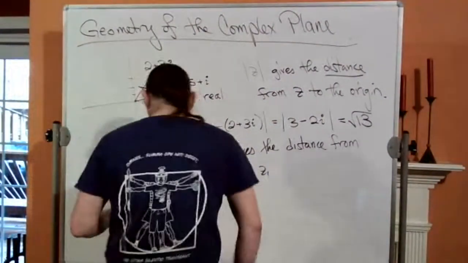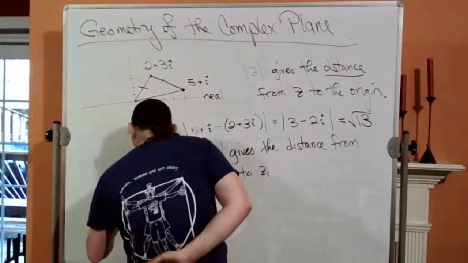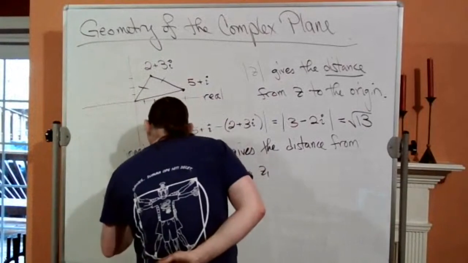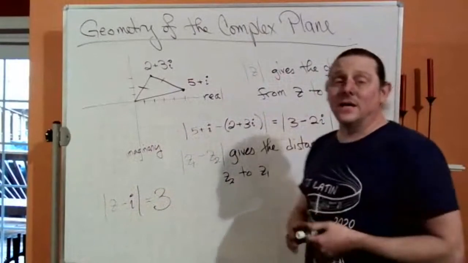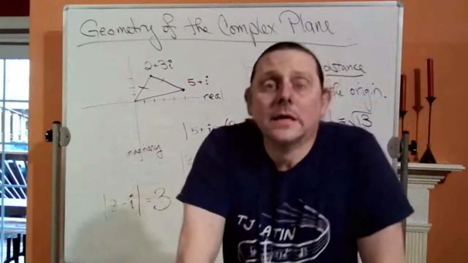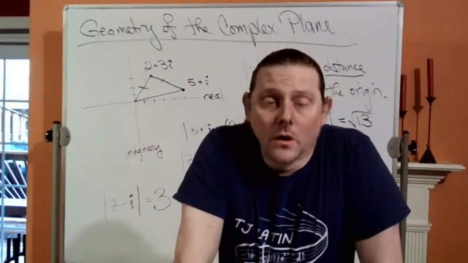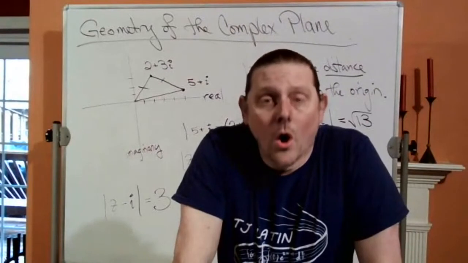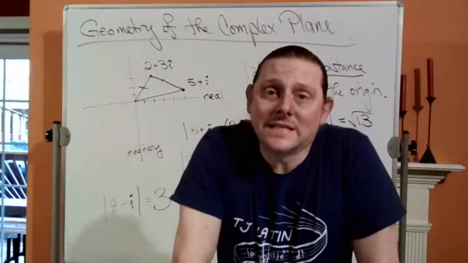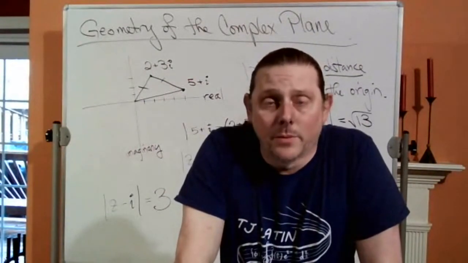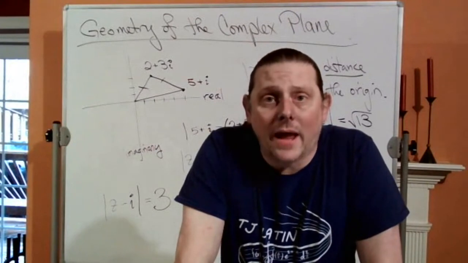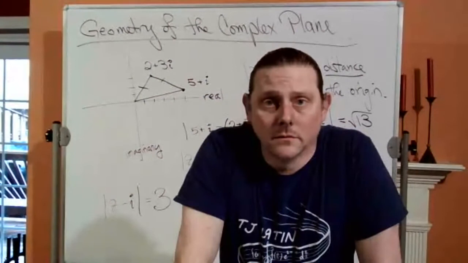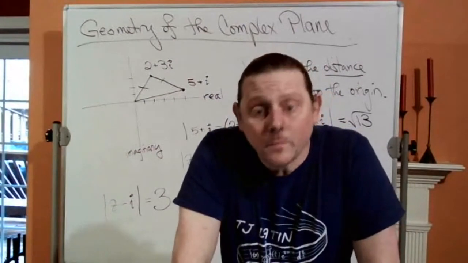So for example, that equation, the solutions to that equation represent all of the points z in the complex plane that are 3 units away from i. Okay?